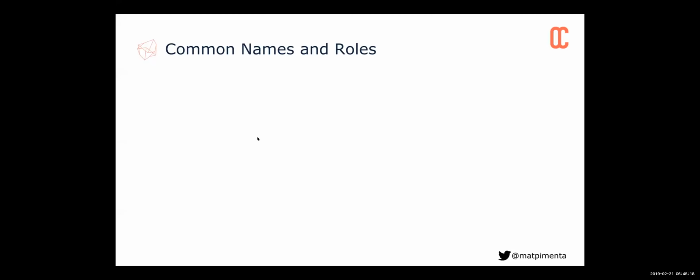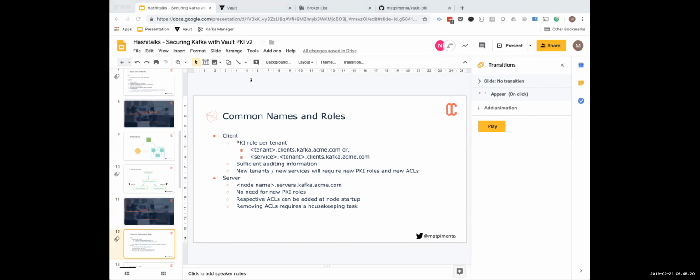Okay, let me jump to my terminal now, and let's have a look at what we got. I have a few tabs here. I have a Vault running, and I have a Kafka.